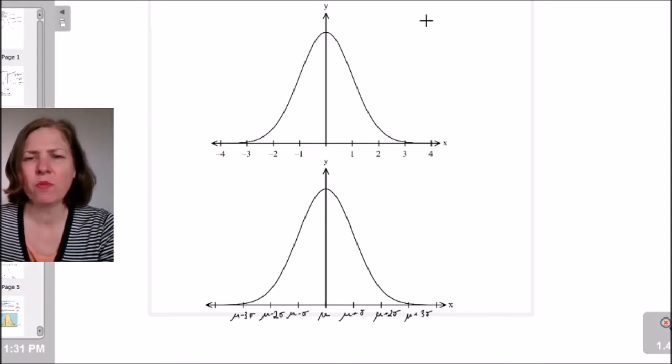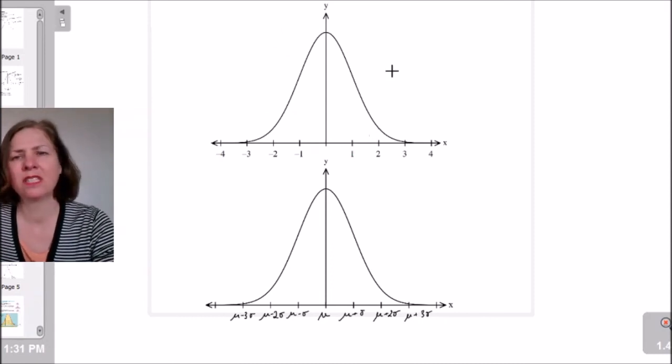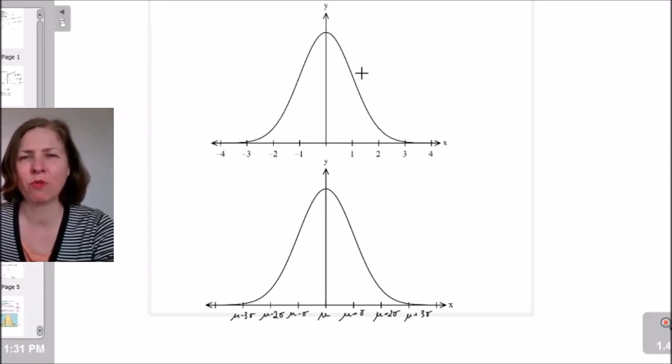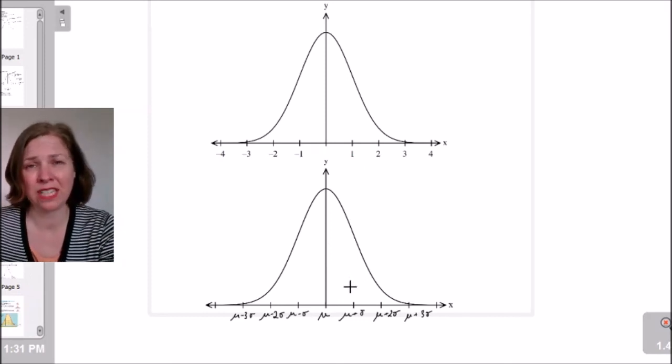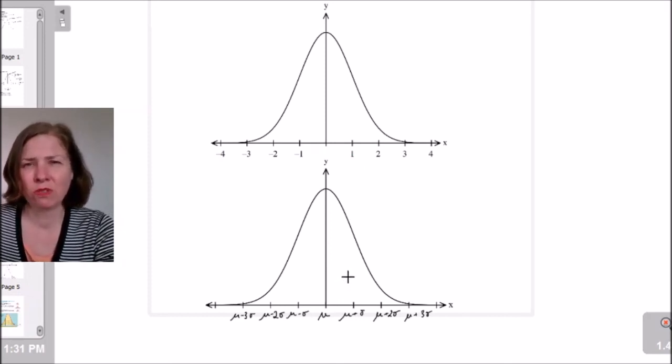So the reason we have this standard curve is because, this was especially important in the days before calculators, to do that calculation for each of these separately using the complicated formula, which we haven't seen yet, I'll show you that in a moment, was really pretty difficult and not something people wanted to do. So what we would have is a table of values for the standard curve, and then we could translate all of these points up to here and do the calculation.